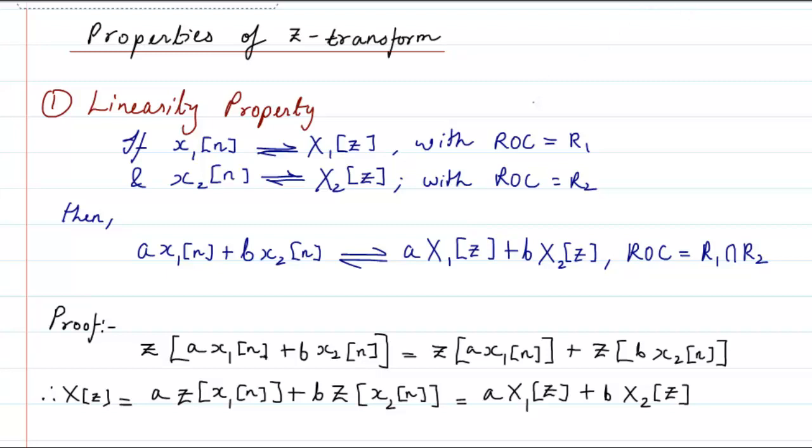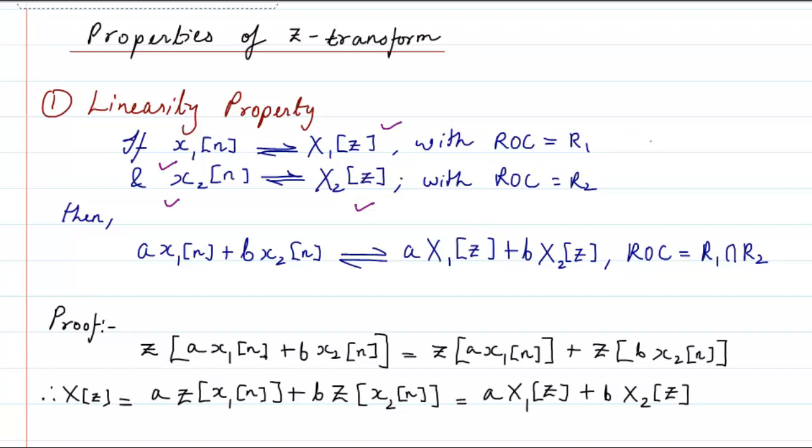As written here, the linearity property states that if we are having two functions, one is x1 of n and the second one is x2 of n, each having its Z transform, x1 of z and x2 of z, with some ROC.